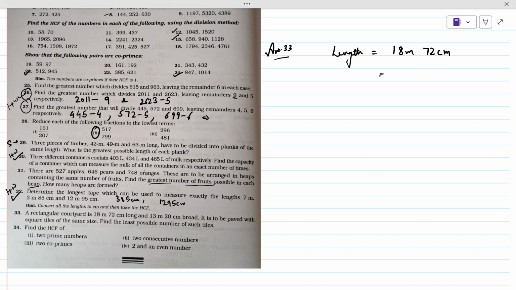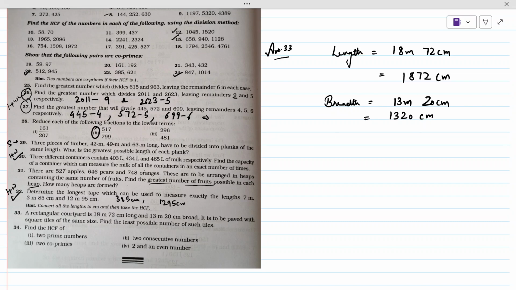So I'm converting it into centimeters, which gives me 1872 centimeters. And the breadth is 13 meter and 20 centimeter, which is 1320 centimeters.